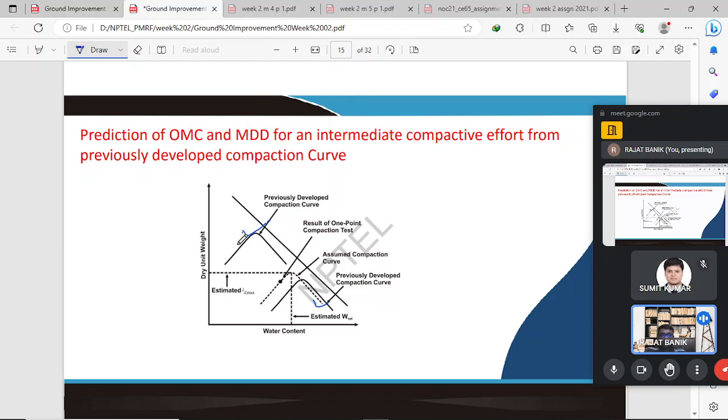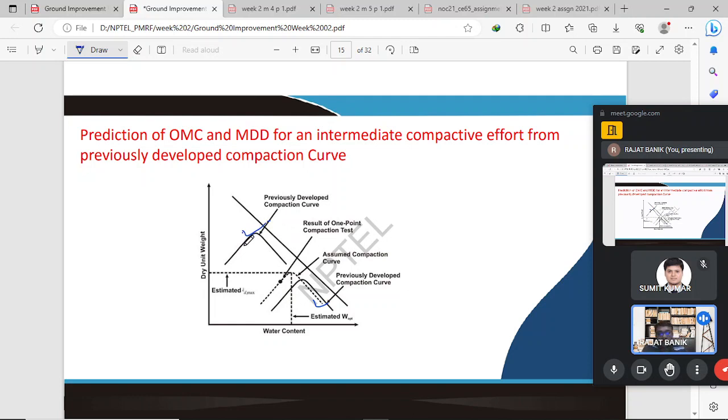By this graph or previously developed compaction curve, and also by the zero air voids line, we can predict our compaction curve for a particular point. Like that, if we go to the field and test the soil, find out the maximum density of the soil and the corresponding water content, we can easily predict the optimum compaction curve from this previously developed compaction curve.